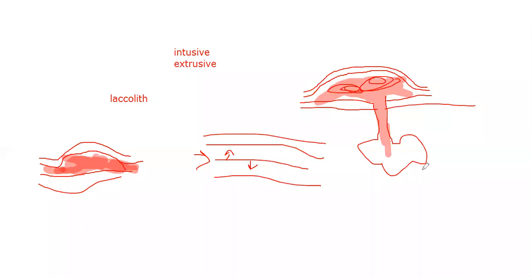Now, they are formed when the magma forces its way between the two layers of sedimentary rocks. So it causes the upper surface of the rock to arch up into a dome like this. Well-formed laccoliths normally have a flat bottom and a rounded top.